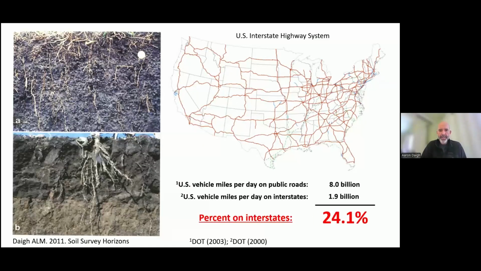And yet, if you look at the percentage of vehicle miles traveled on any given day across the United States, they account for 24% of all the miles traveled. So that small proportion of roads contributes to a lot of the activity.